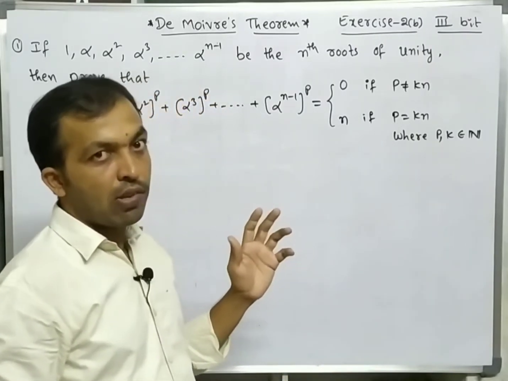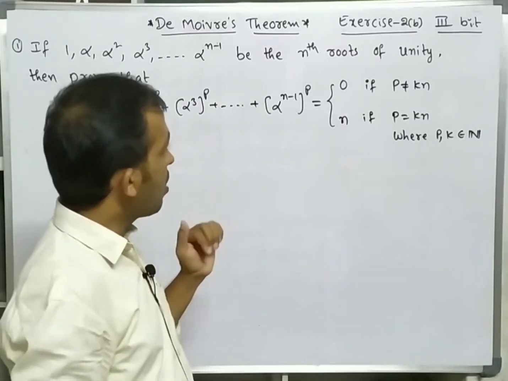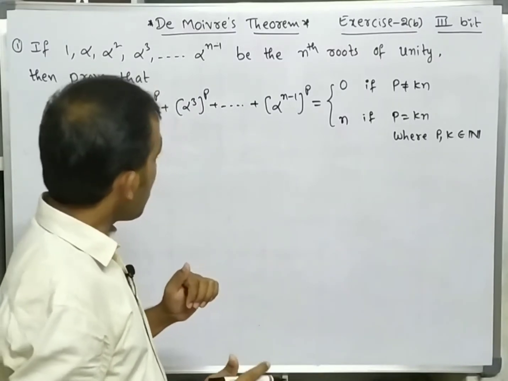P is a natural number and k is also a natural number, right?